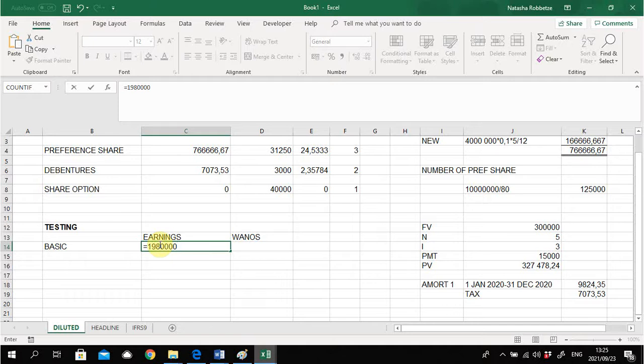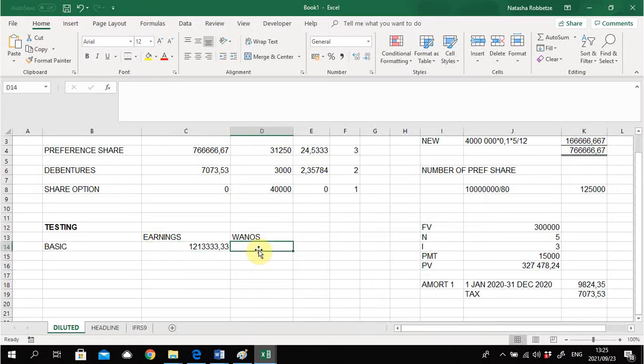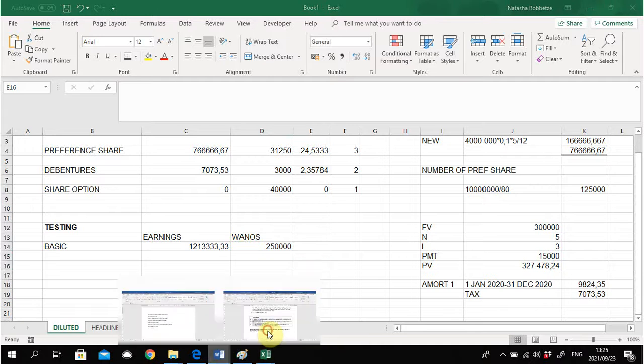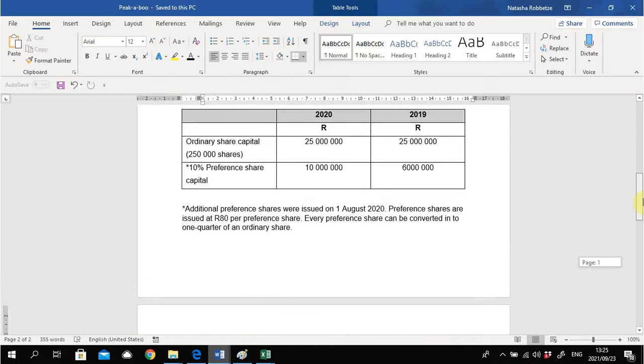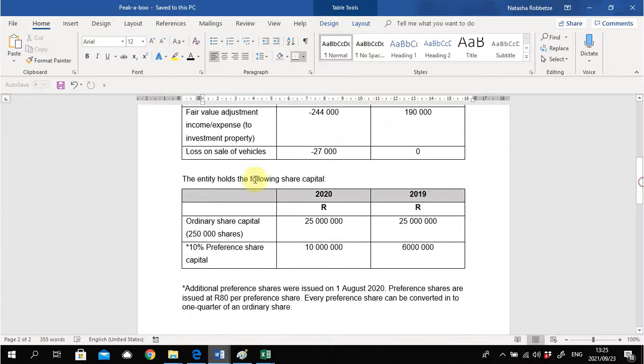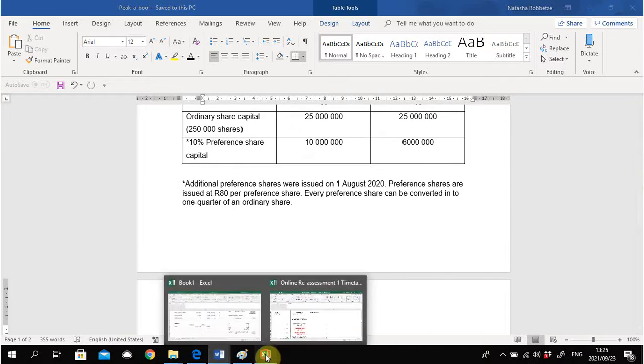And we have to minus from that our preference dividend, which was 766,666.67. Our weighted average number of shares would simply be our ordinary shares in issue, and it's given as 250,000 shares. If we just go back to the question, there it is, 250,000 ordinary shares.